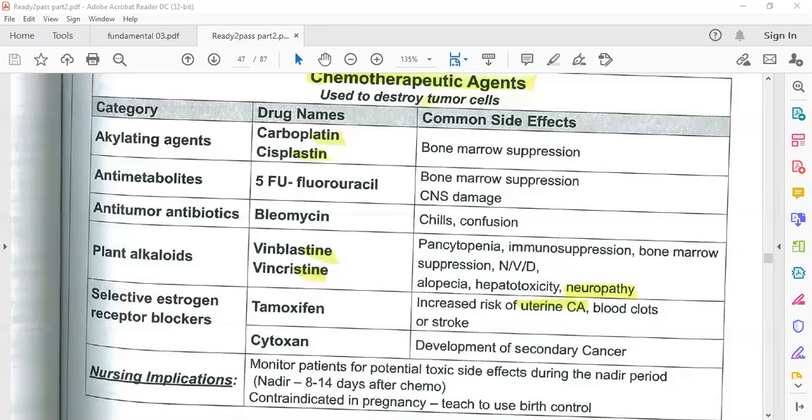So what are the other key points about cyclophosphamide? We should notify the provider right away for any sign of infection, monitor liver function, and also monitor the renal function if your patient takes cyclophosphamide.